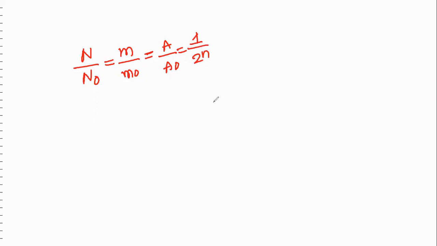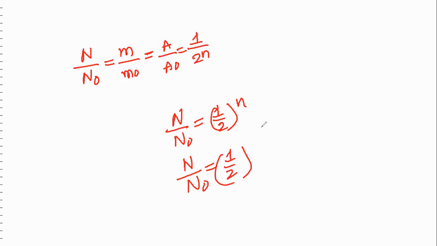So N by N naught is equal to 1 by 2 power n, where n equals t divided by t half.